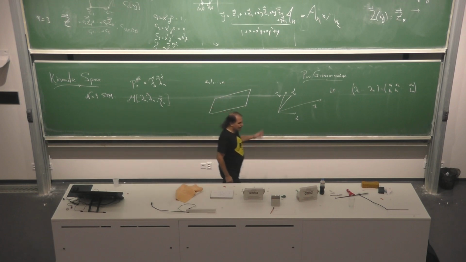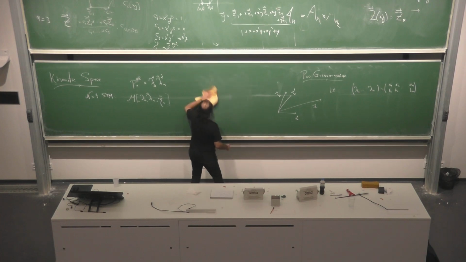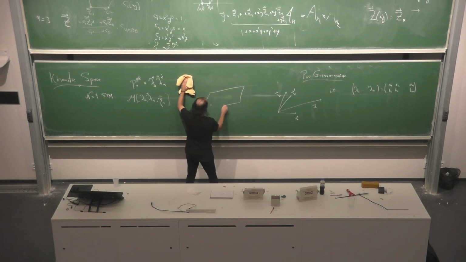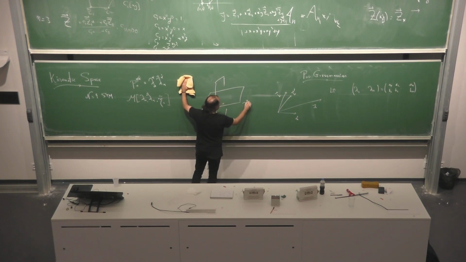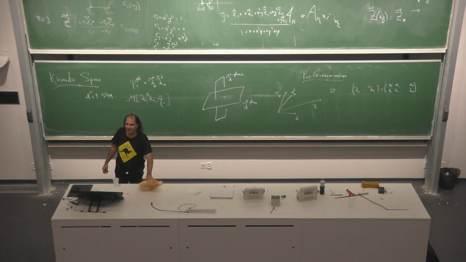So that's the picture for the lambdas, and there's a similar picture for the lambda tildes. So here's lambda as a 2-plane, lambda tilde as a 2-plane. And I've drawn them this way because, in fact, they have to be orthogonal to each other.